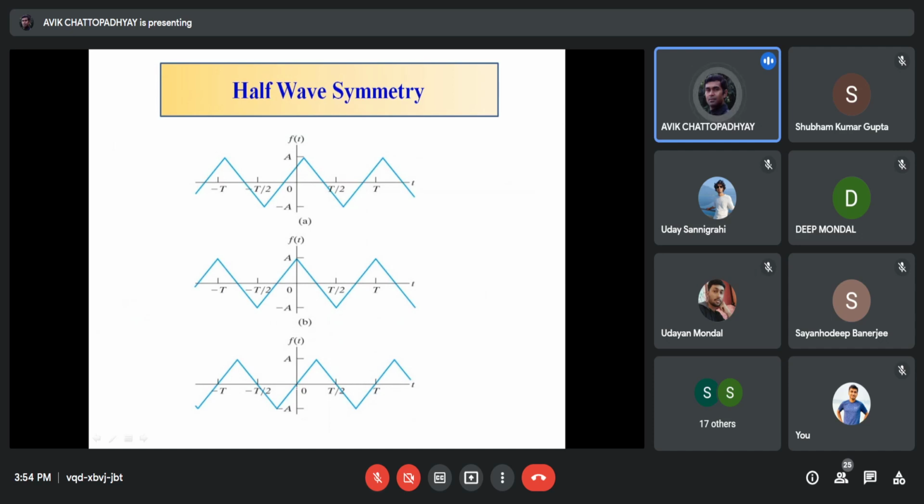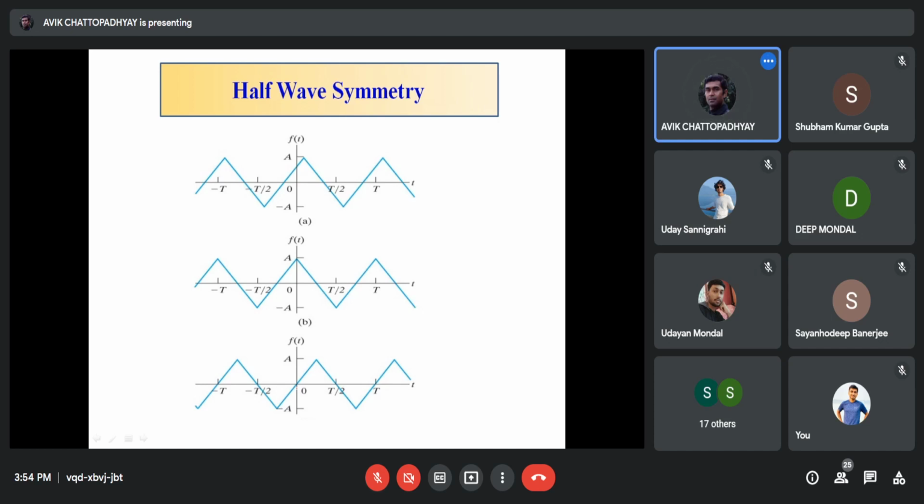Irrespective of the position of the vertical axis, please note my statement: the half-wave symmetry property is retained everywhere. It is not going to be impacted by the selection of the vertical axis or the origin or t equals to 0 point.